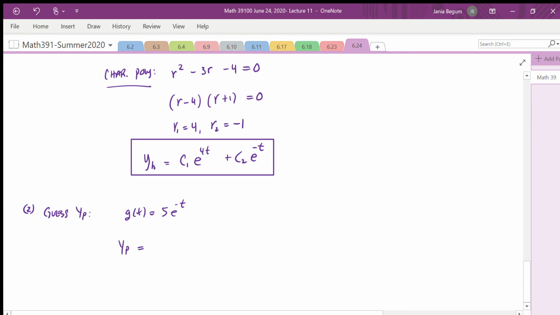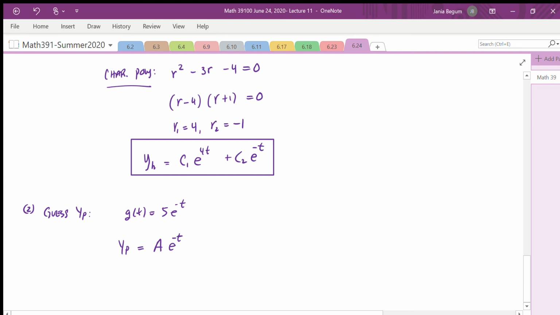If g of t is an exponential, the form you guess will also be an exponential. But you see how you have an exponential times a constant. 5 is a constant, so I'm going to put an arbitrary constant, let's call it a. So a times an exponential, e to the negative t. That's the guess I have for yp.